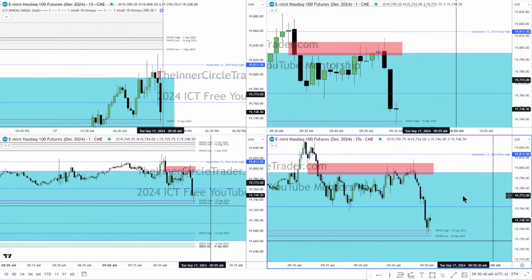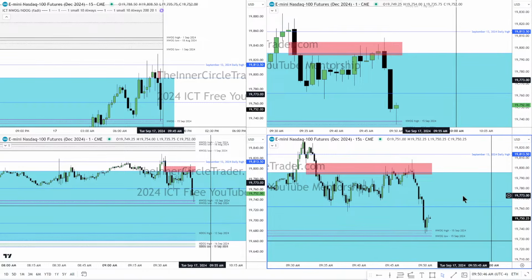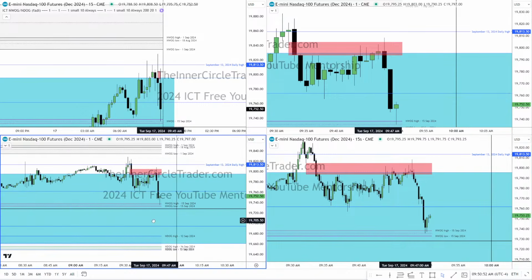You can use the same thing. You don't have to sit still and only trade on a higher time frame bias. That's not required. But when you're first learning, it helps.